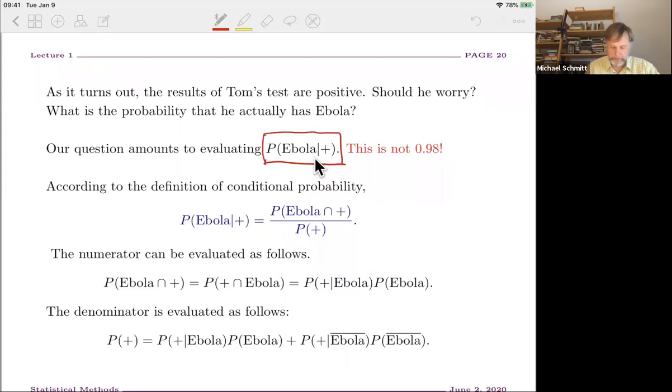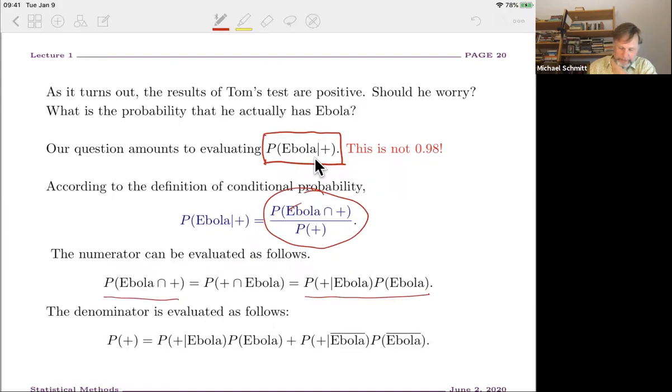So let's go ahead and do the calculation. According to the definition of conditional probability, this probability, the one that we want, can be written this way. Problem is we need to calculate the numerator and denominator. So again, from probability, we know that the probability that he both gets a positive reading and has Ebola is this expression here.